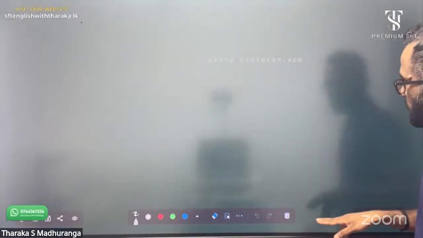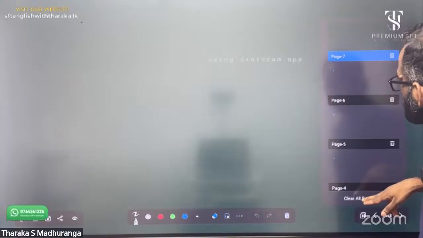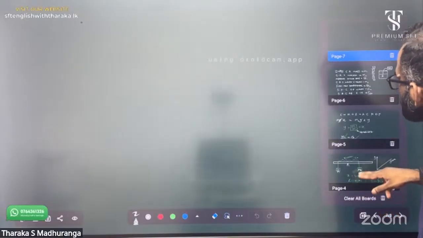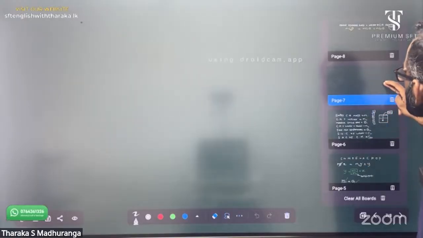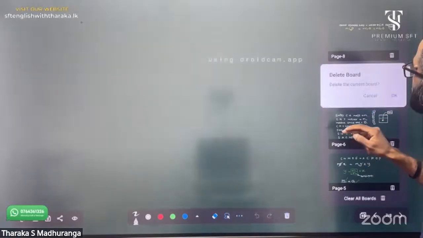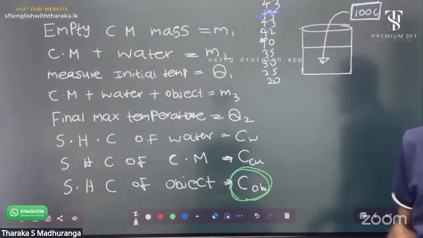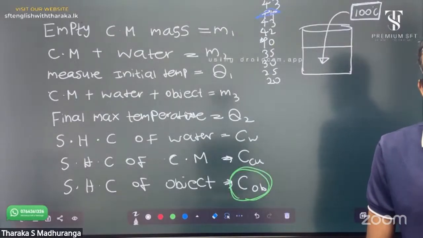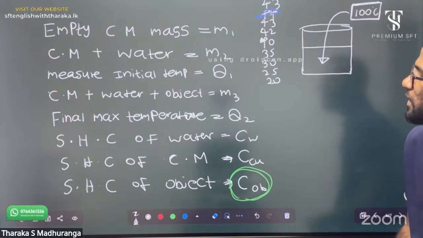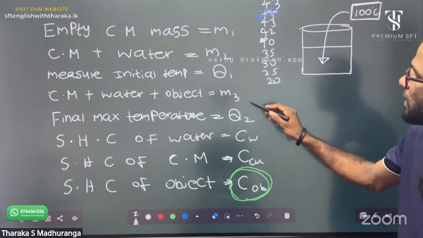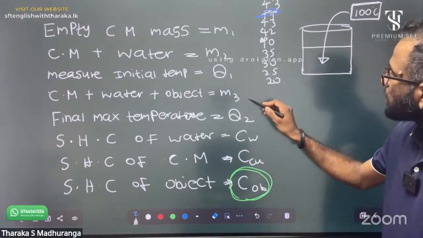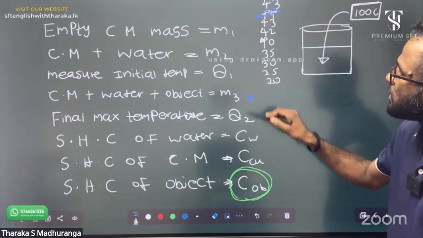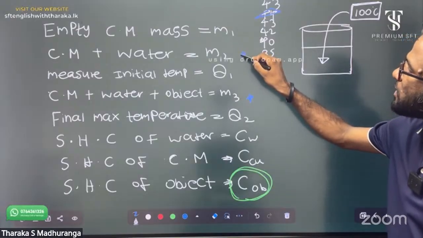In the previous experiment, how do we get the mass of the object? Here M3 is the calorimeter, water plus object, and M2 is the calorimeter plus water.